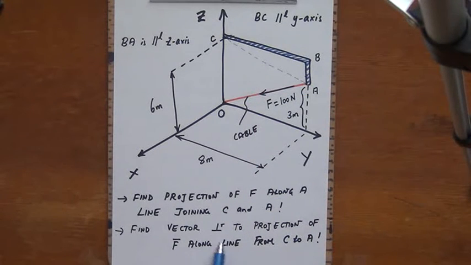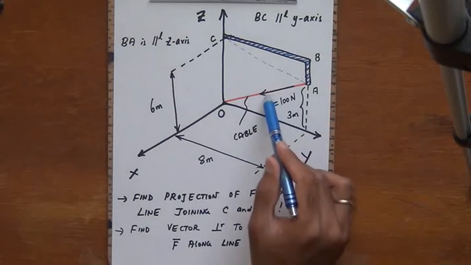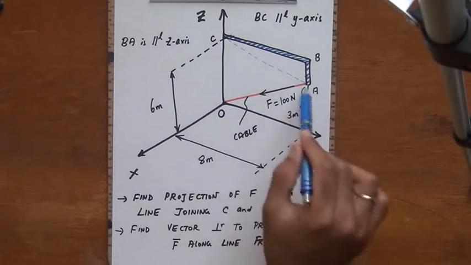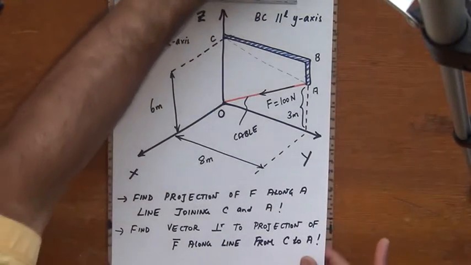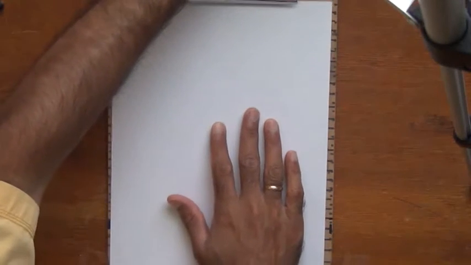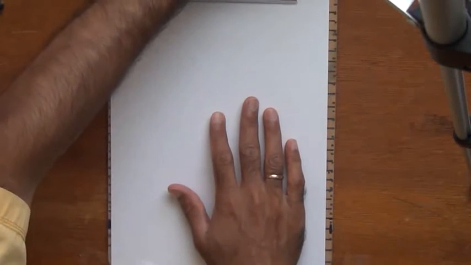We need to find out the vector that is perpendicular to the projection of this force along that particular line. Alright, so I'm going to restate the problem by looking at the figure once again and gleaning whatever is the necessary information from the figure. So the first thing we need to do is see where the projection vector is in terms of a basic figure, and then where the perpendicular vector to the projection vector is.